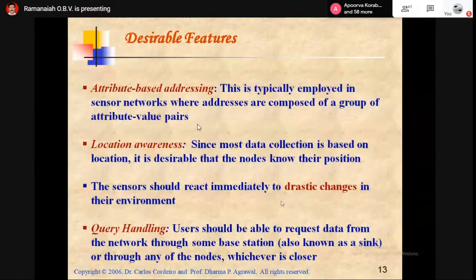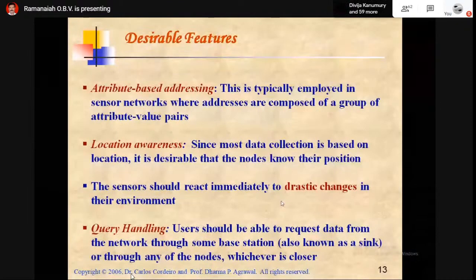Attribute-based addressing. This was already mentioned in the earlier class as the data-centric approach, right? What does it mean? Imagine there are sensors, each having three types of sensing: temperature, pressure, volume, or if it is weather, temperature, pressure, and humidity.